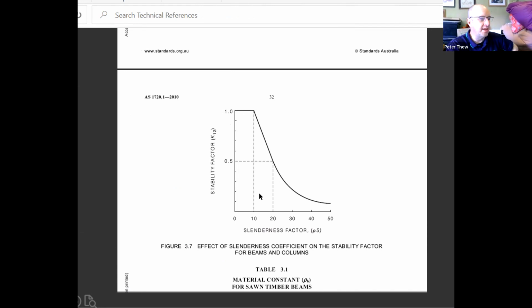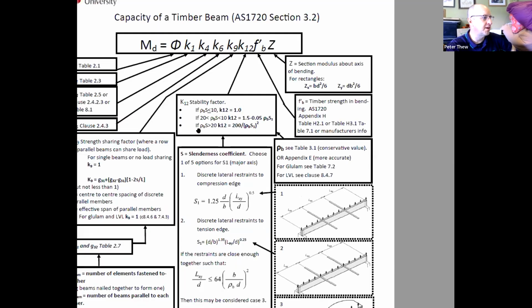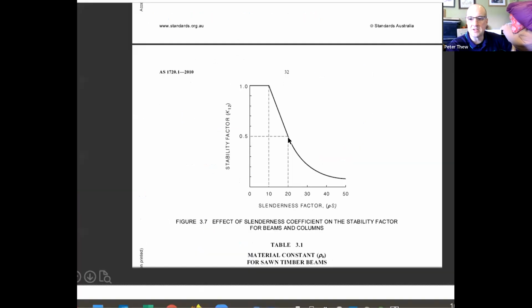When it's between 10 and 20, then your K12 factor is going to vary from 1 down to 0.5 in a straight line. So that was the second condition. Third condition, if rho S is greater than 20, then K12 is given by an equation there, and basically you get this curved line here.